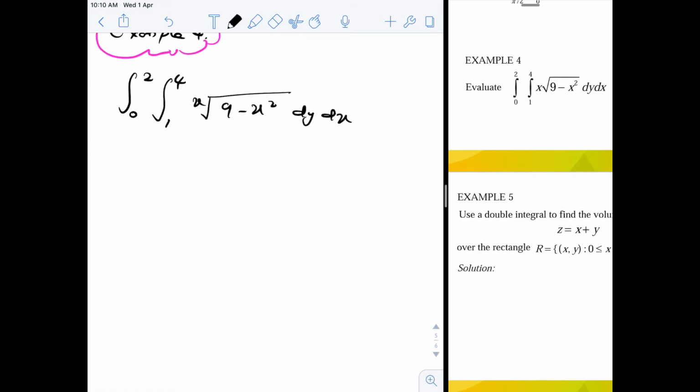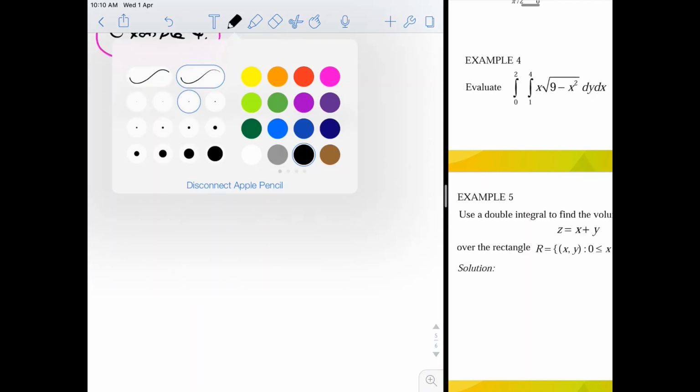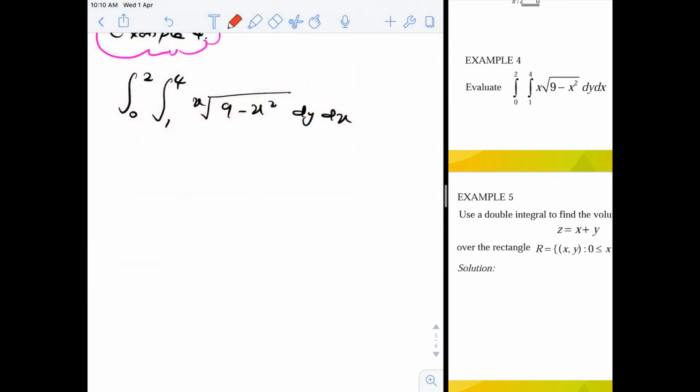Okay, so for this type of function, we need to use substitution. Okay, but first of all, we integrate this with respect to y first. So when we integrate this with respect to y, x becomes a constant. Okay, so the whole thing is just a constant because with respect to y, so just constant.